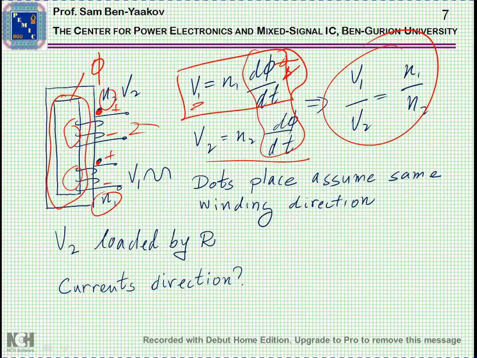What will happen if we impose a voltage V1, say of a sinusoidal waveform, and load the second winding with a resistor R? The question is, what will happen to the currents? Obviously, since the R sees a positive voltage here and a negative voltage here, the current here will be this way. Now, what will be the current here? Well, there are two ways to look at it.